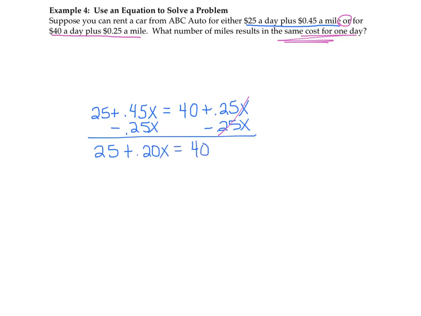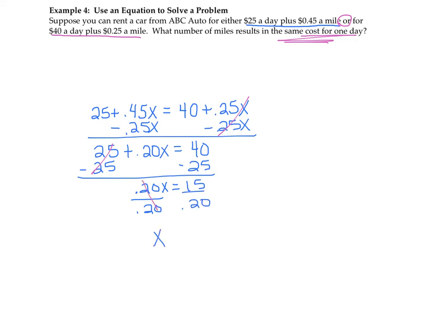I have a two-step equation, so we're going to subtract 25 from each side because it's a positive 25. 25's cancel, so you have 0.20x equals 40 minus 25 gives us 15, and then our last step is to divide each side by 0.20. 0.20's cancel. So x equals 15 divided by 0.20 gives us 75.